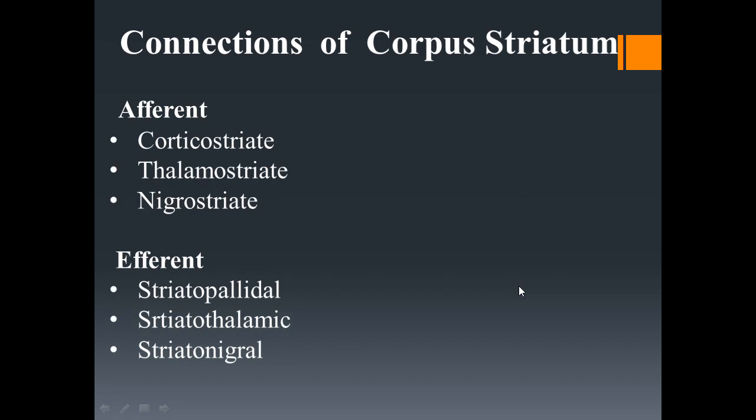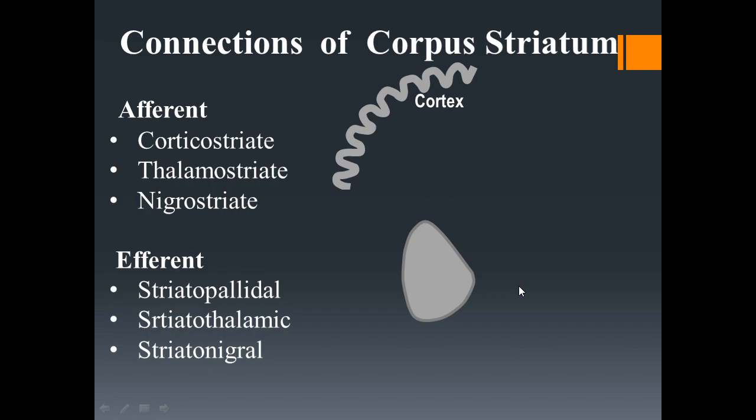As the name suggests, you can make out from where to where these fibers extend. This is the cerebral cortex. This is the lentiform nucleus.